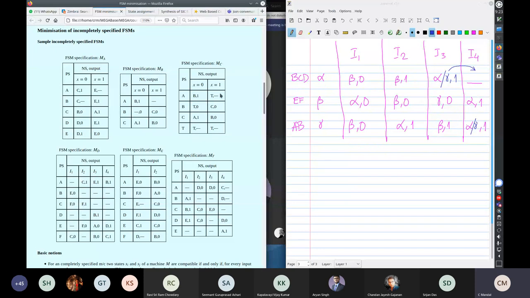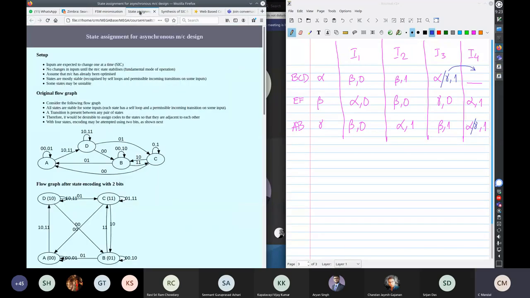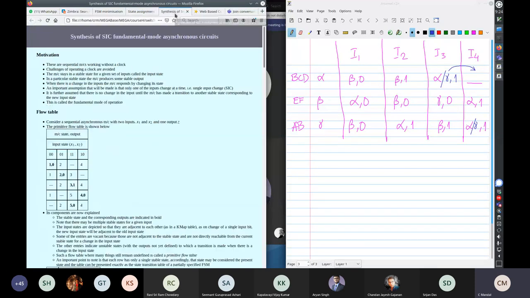We have to look at flip-flops, and we also have to look at asynchronous FSMs. So maybe we can look at asynchronous FSMs, and then also some flip-flops.